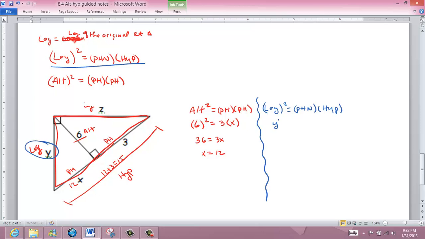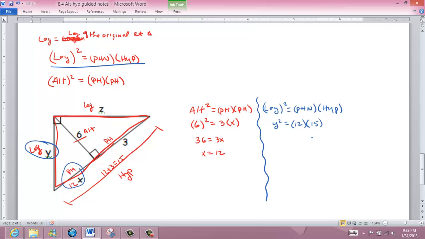Now, what's the length of the leg there? Well, that's y. So y squared equals, if I'm looking at y, what is the piece of the hypotenuse nearby it? Well, this is the piece of the hypotenuse nearby. So that's going to be 12 times the length of the whole hypotenuse, which is 15.